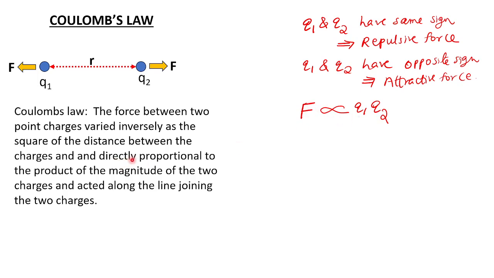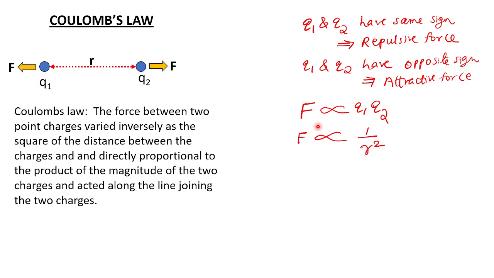F is directly proportional to the product of the magnitude of the two charges, and F is inversely proportional to the square of the distance between them. Inversely proportional to the square of the distance means F is directly proportional to 1 by r square, the reciprocal of r square.